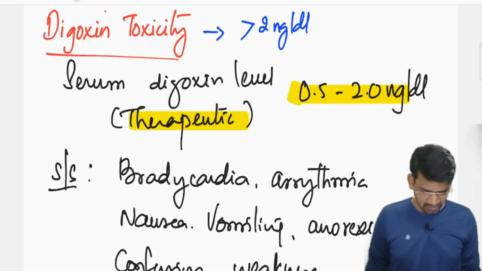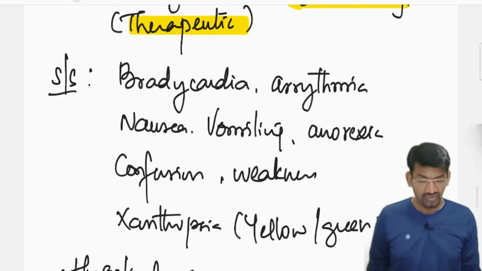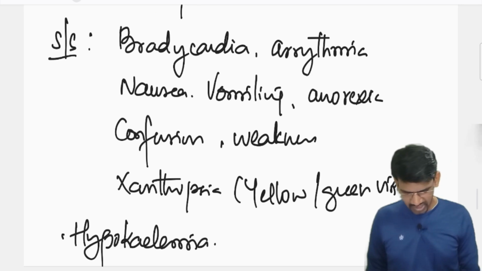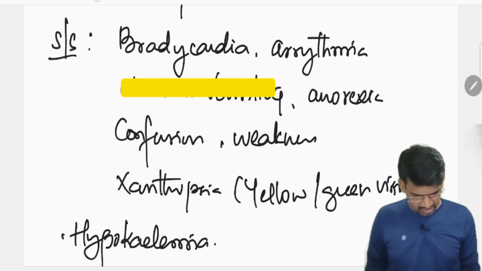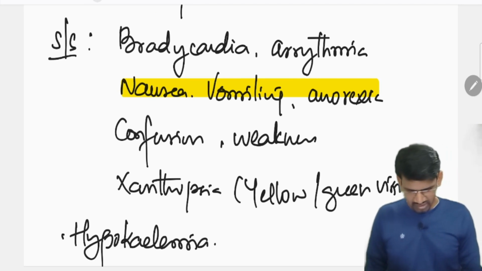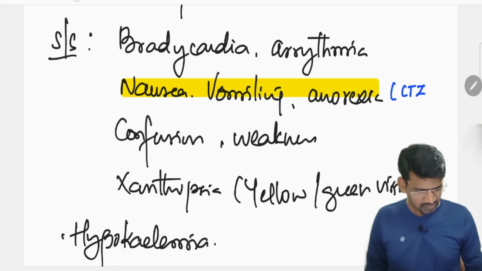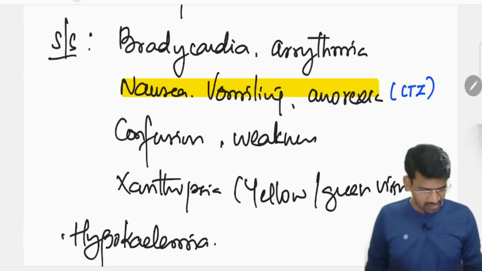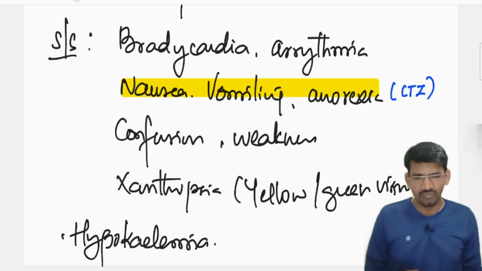So what are the clinical features we will see in toxicity? The initial symptoms will be nausea and vomiting. This drug stimulates the CTZ, that is the chemoreceptor trigger zone, and thereby causes nausea and vomiting in the patient.